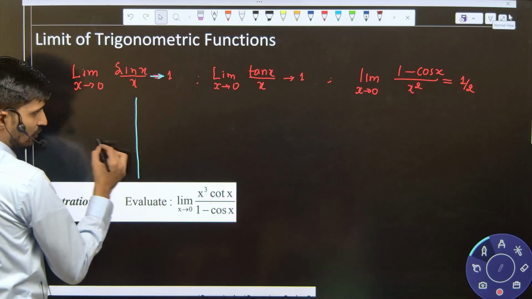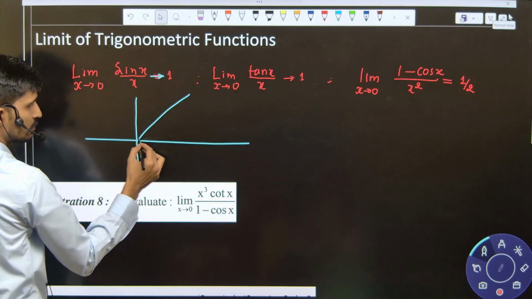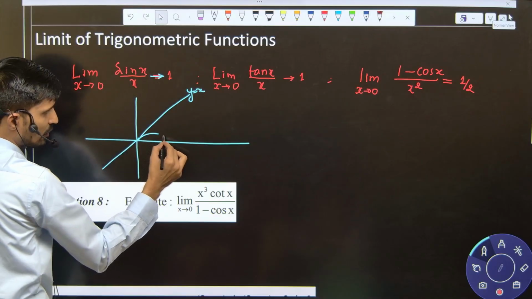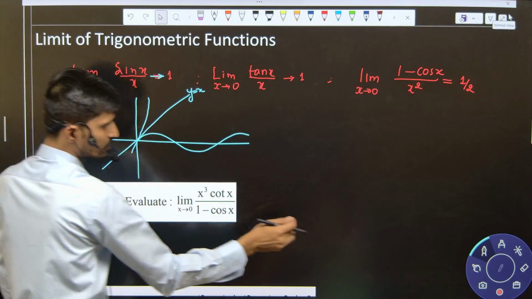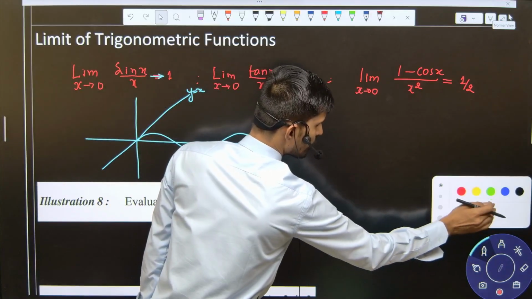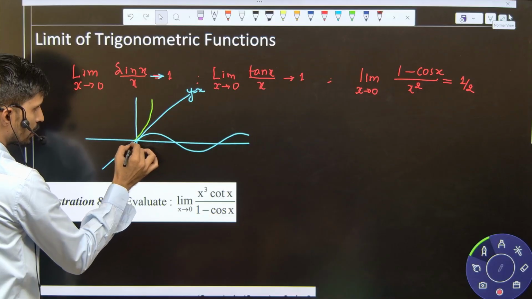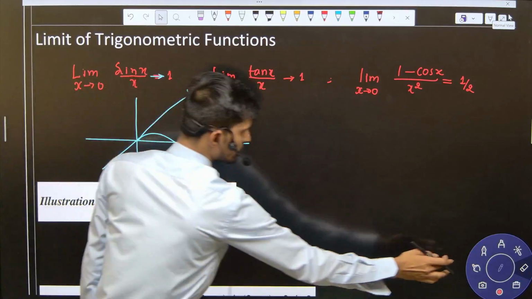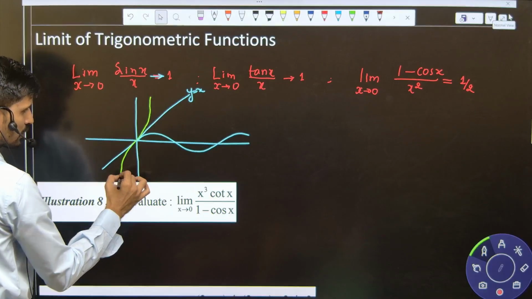So if you see the graph, first of all, the y equals to x line. Now the sin x graph will go like this. The tan x graph will come from above here and it will meet here.